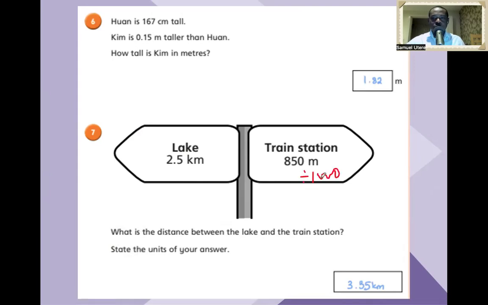So this will be 0.85. Now, the distance between them is this one plus this one. So 2.5, that will be 5, that will be 13. We'll carry 1, and that will be 3. So that's why we got 3.35.